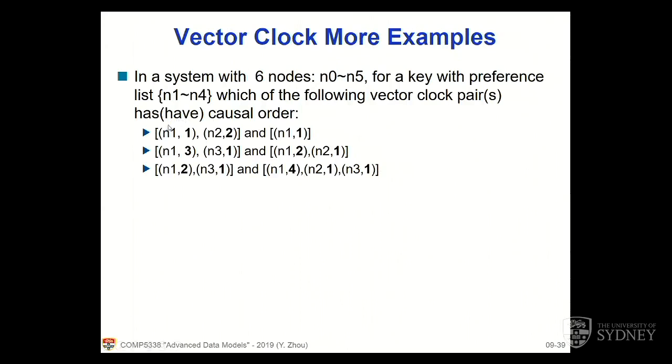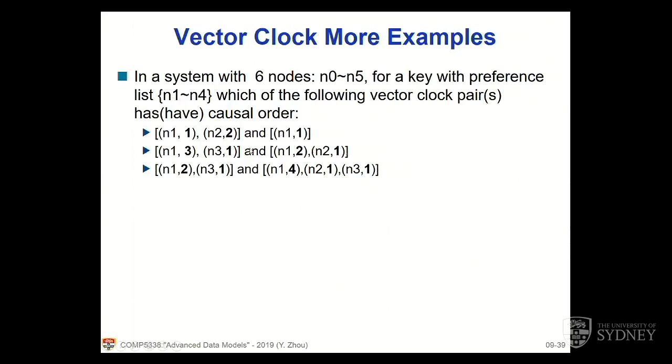If one version has a vector clock like this and another version has a vector clock like this, can we safely say one is early, the other is late, and the early one can be garbage collected? Yeah, this is the ancestor of the first one, because it's included here. And this has 2 updates made by N2 after the first one.